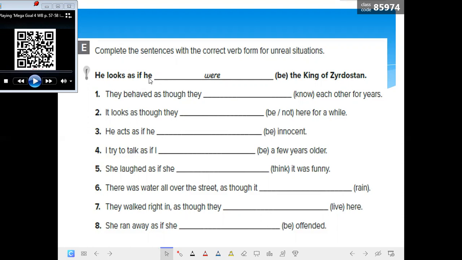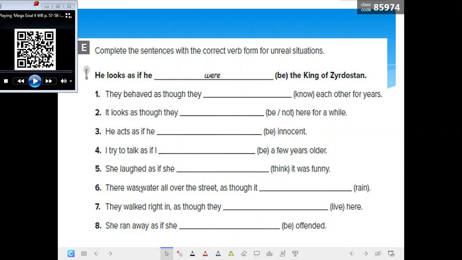As you see here, he says he looks as if he were the king of Zerdustan. Now look carefully at these sentences from number 1 to number 8.